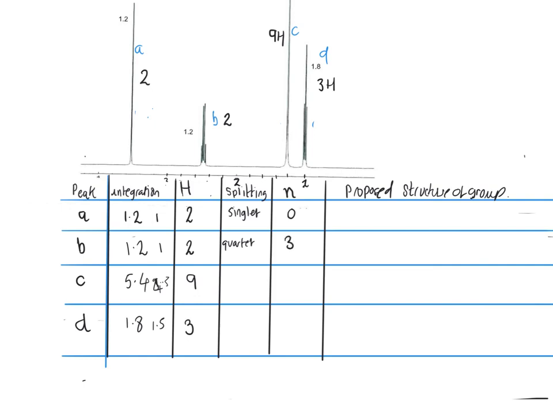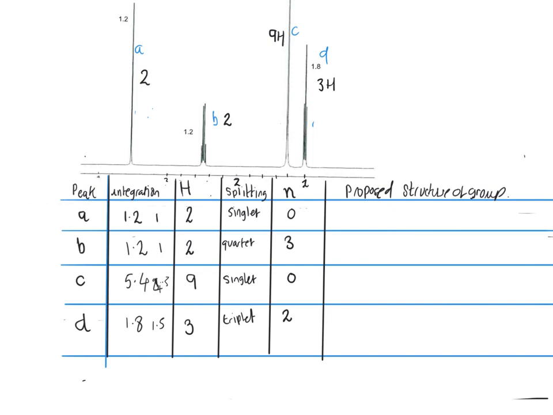C is not split at all, it's a singlet, so again that has no nearest neighbours. So those 9 protons have no nearest neighbours. And finally, D has been split into a triplet, and that means that those protons have 2 nearest neighbours.